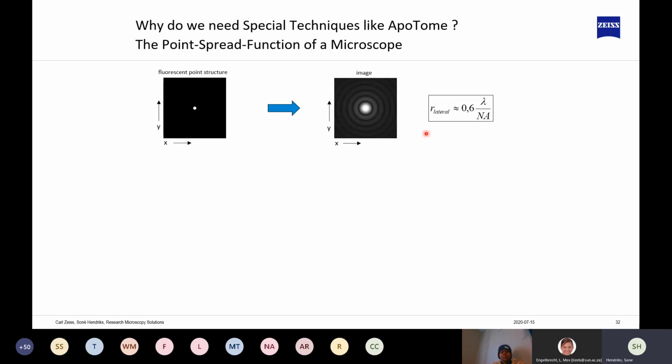We calculate the lateral resolution of my system based on a specific constant, times the wavelength of the light that I use, divided by the numerical aperture of the objective. So again, it all comes back to the quality of the objective that I use. The higher the numerical aperture, the better the resolution.